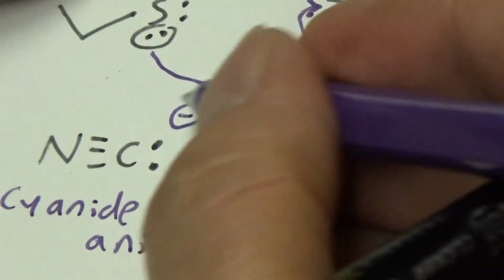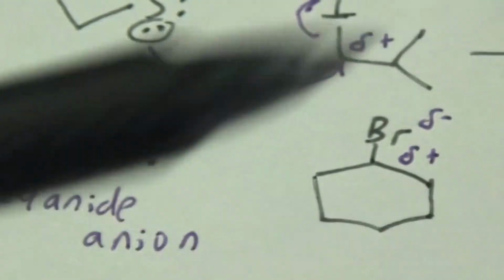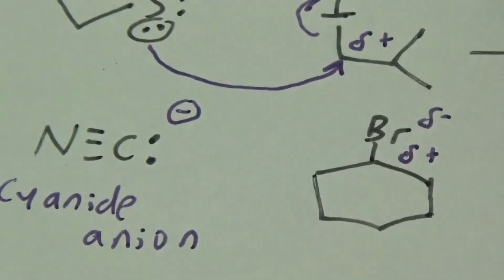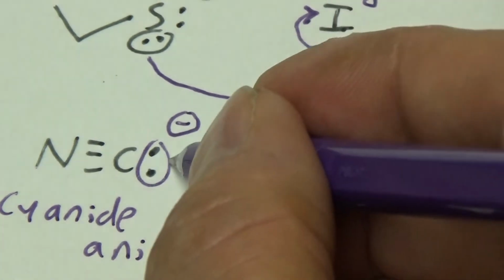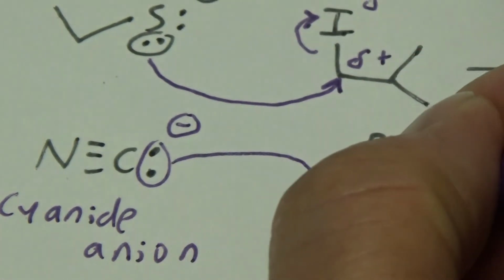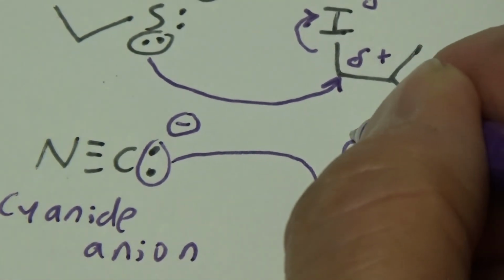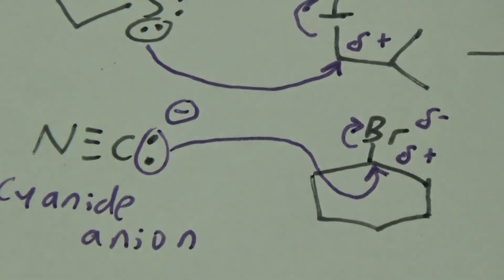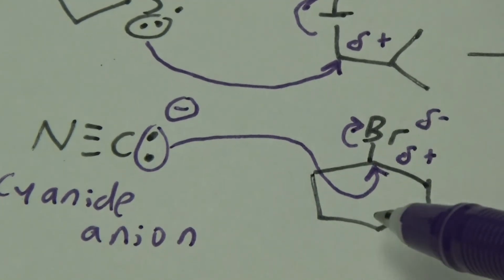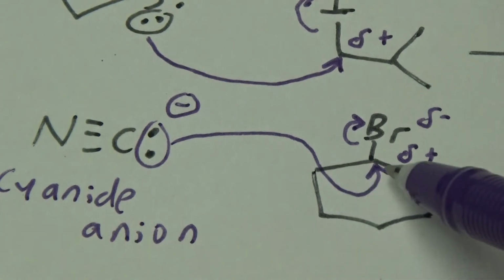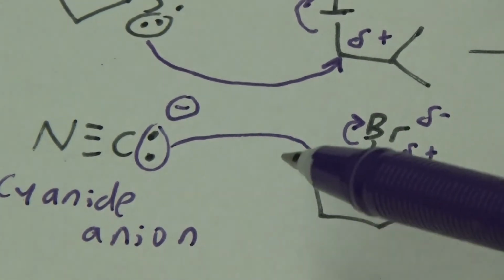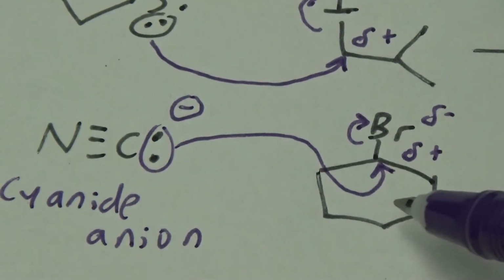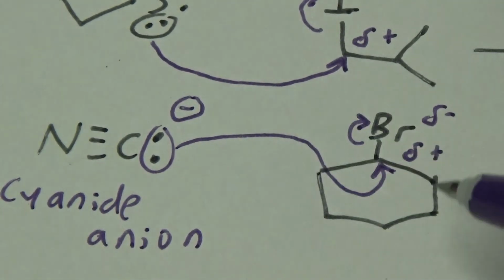And to draw this, notice how I'm using a second color, kind of purple right now. I'd recommend you have some sort of second color when you're doing all these. It attacks the carbon, right? You can imagine it probably attacks from the top or the bottom, but I'm just drawing the arrow going through the bond.